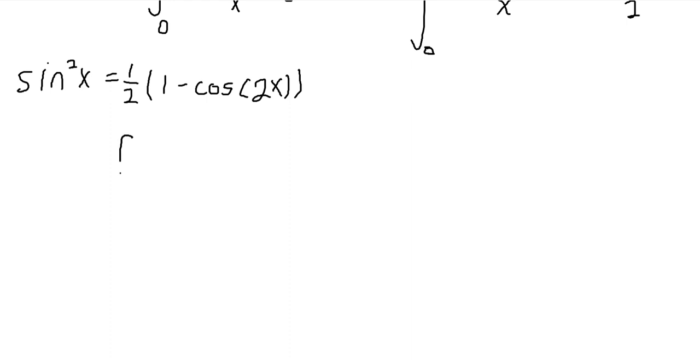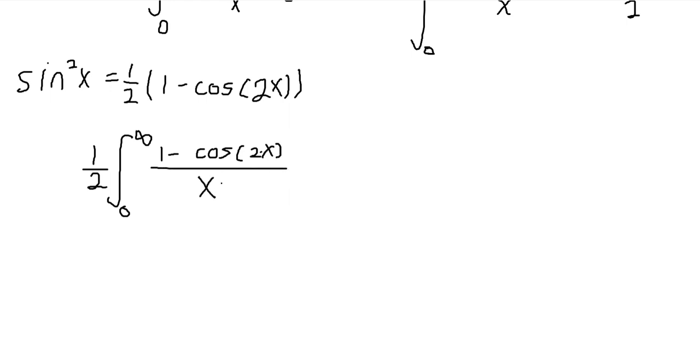And so our integral becomes from 0 to infinity, and I can pull this 1/2 out here. I get 1/2, and I get 1 minus cosine of 2x over x squared dx.